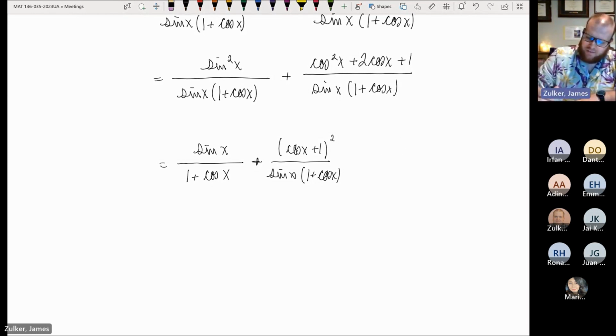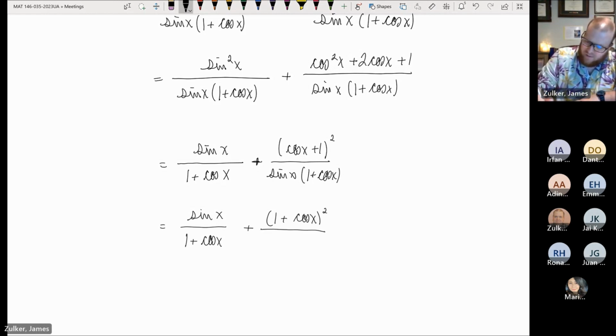I'm going to grab that down. Since addition is commutative, you can switch the order.